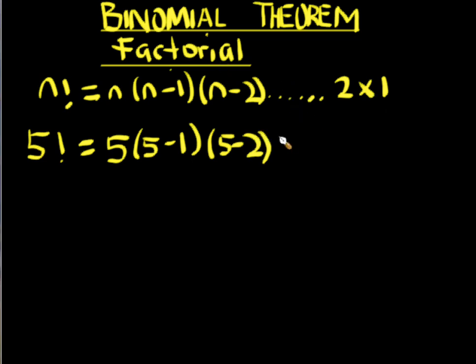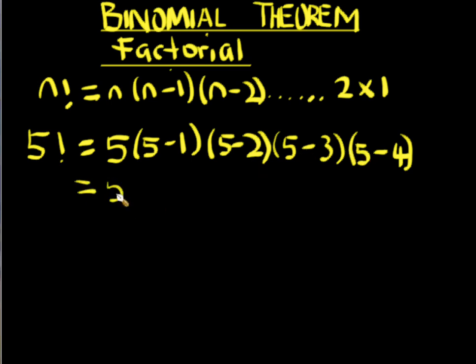Now, we have 5 minus 3. Sorry, let me write that down properly. Multiplied by 5 minus 4. Now the difference between 5 and 4 is 1. So we have just 1 there, and we stop right there.